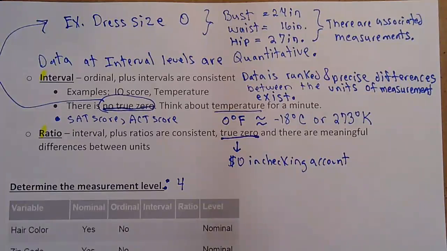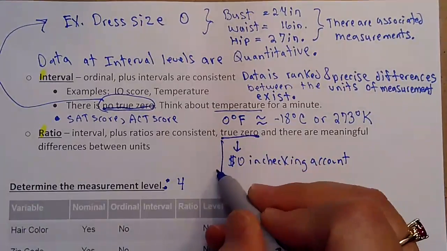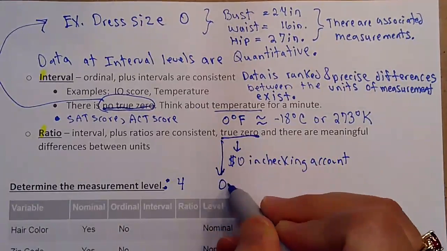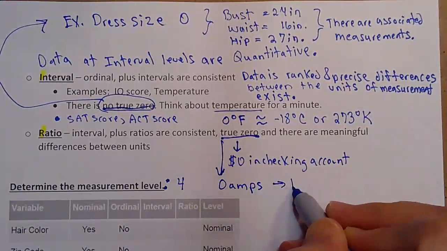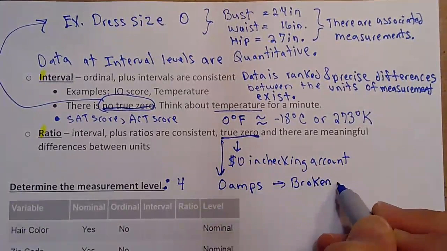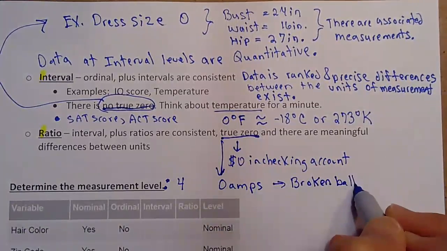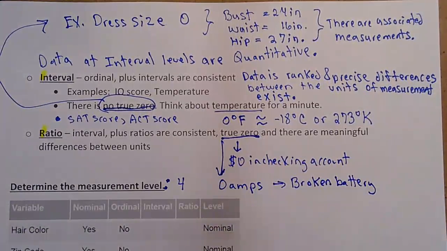And so another example of a true zero would be 0 amps. That means just that. If you have 0 amps like on a battery, that means you have a broken battery. Okay.